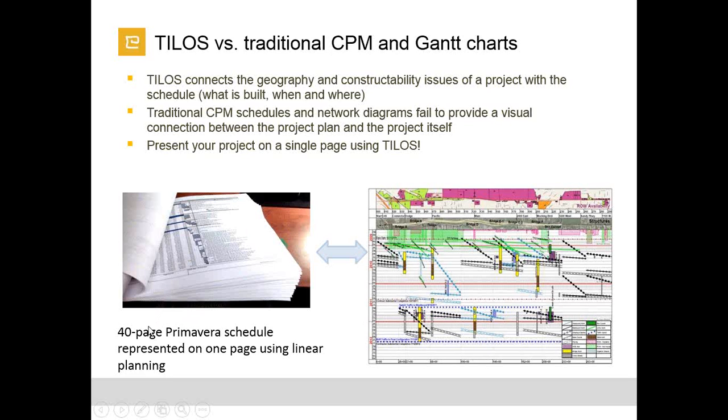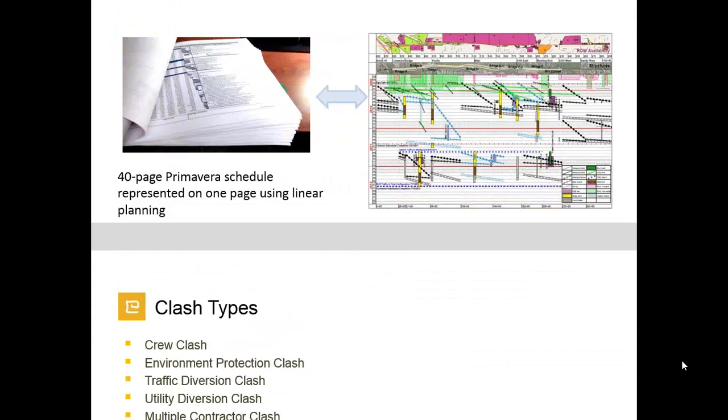And the second thing is, when we are producing a 40-page schedule, it is ambiguous and we cannot clearly see the interaction between the activities. But here, when we have all the activities integrated with geographical data and all the other information, we can clearly see if there are any clashes, and what we should take into account in our planning starting from the early stage.